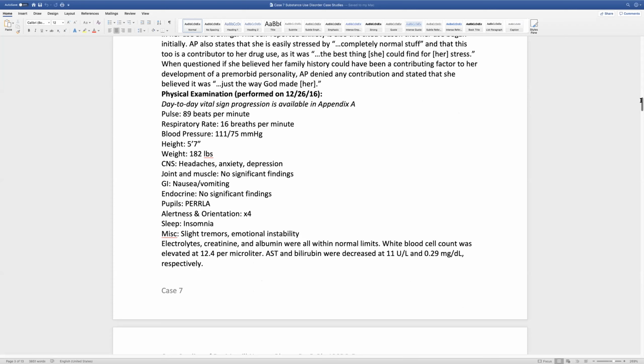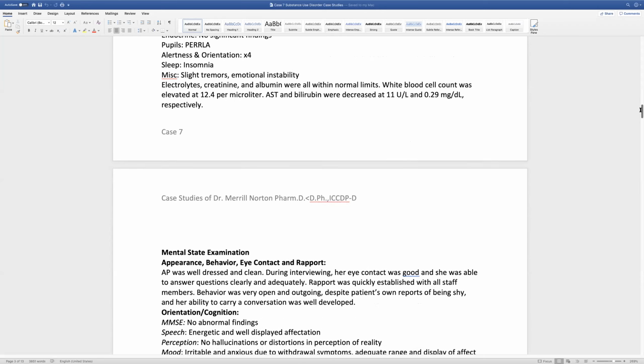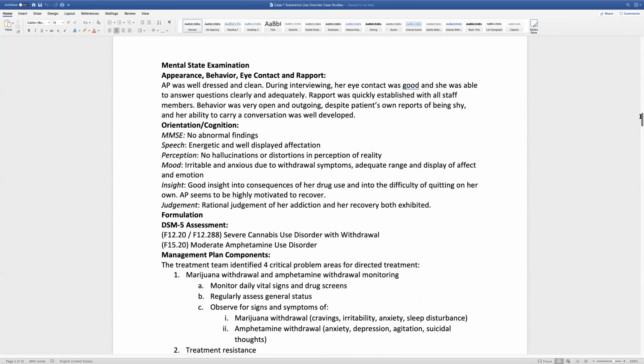Respiration, she's alert times 4. Electrolytes were within normal norms. There were no particular abnormal findings in her MMSE. At the time of the mental status evaluation, she was well-dressed and clean.